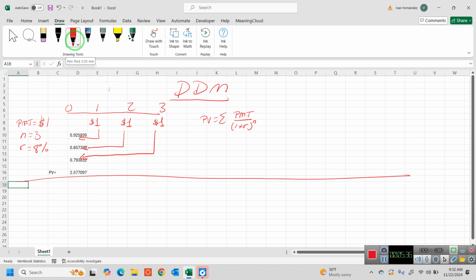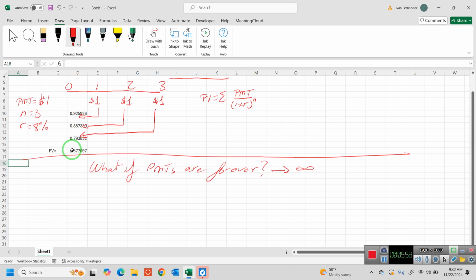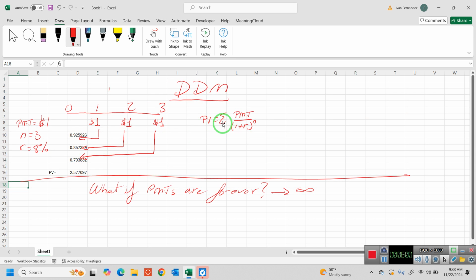This is the what-if: the payments are forever, if they go into infinity. Now we're going to change a few things, because we're going from basic TVM to stock. So we're going to make some changes here.